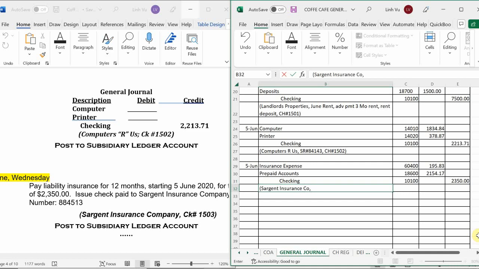What was the proof of my transaction? Your policy number, correct. Policy number 884513. And of course, proof that I made a payment: your check number 1503. Good.